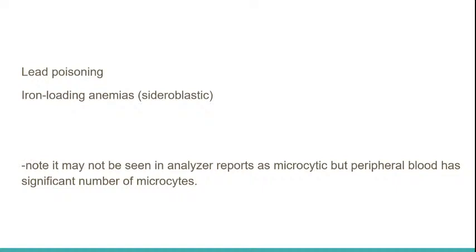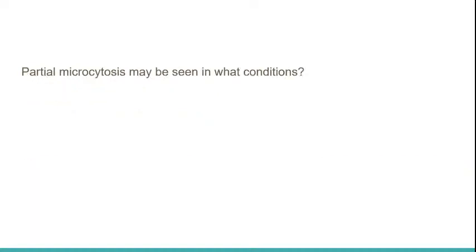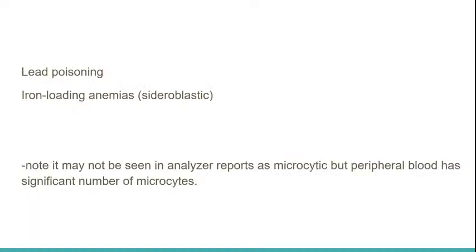Now, we need to take note of the following first. It may not be seen by the analyzer. Partial microcytosis is not usually detected by the analyzer unless it's severe lead poisoning or severe sideroblastic anemia. Here the problem is detected when the blood sample is looked at under the microscope.